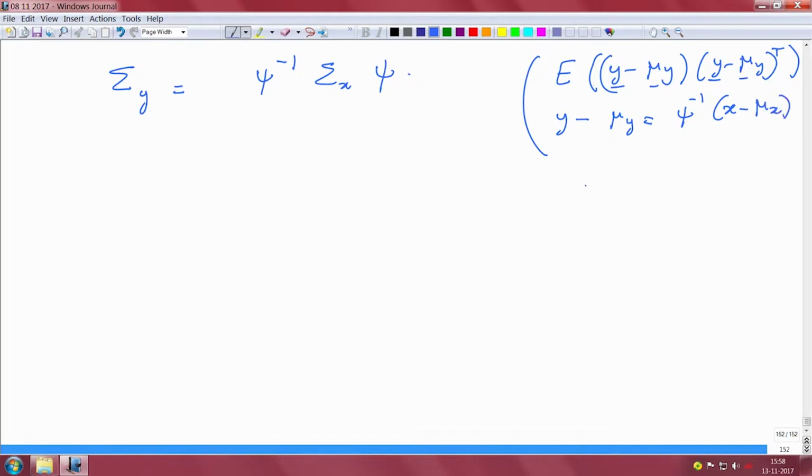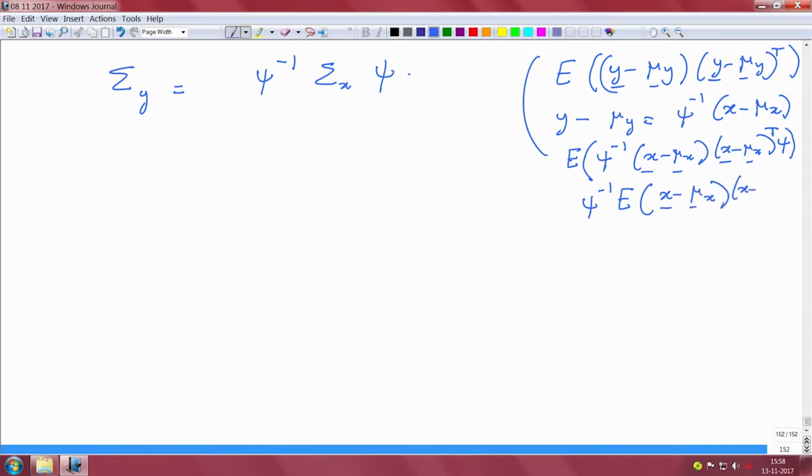You plug this here, you will end up with expectation of psi inverse x minus mu x, x minus mu x transposed, and then you have a psi here, right. Expectation is over this, so it is basically psi inverse expectation of x minus mu x, x minus mu x transposed times psi, right.